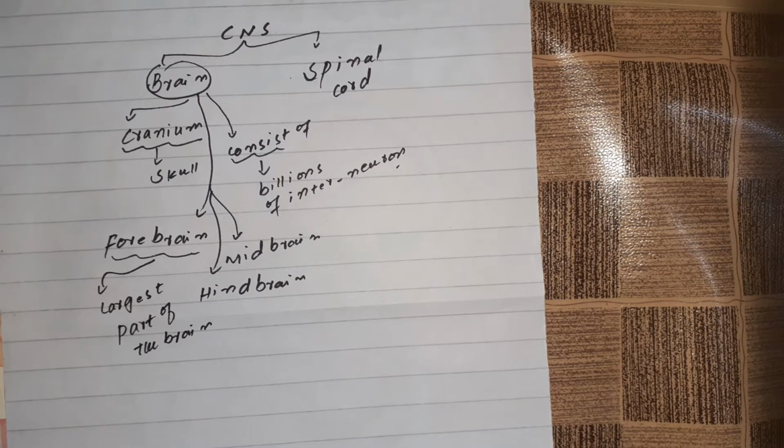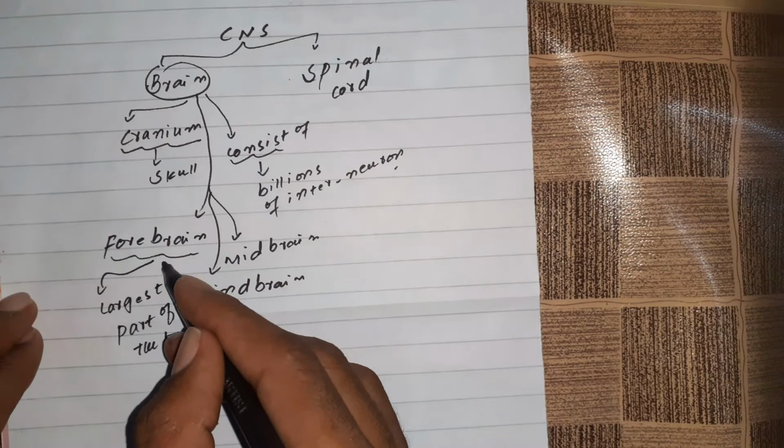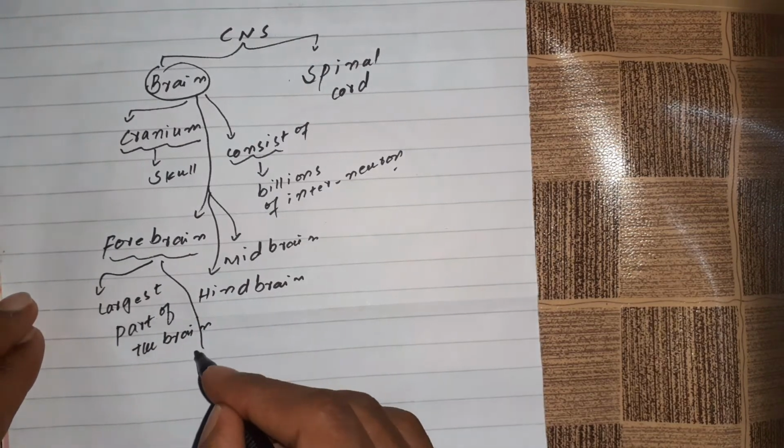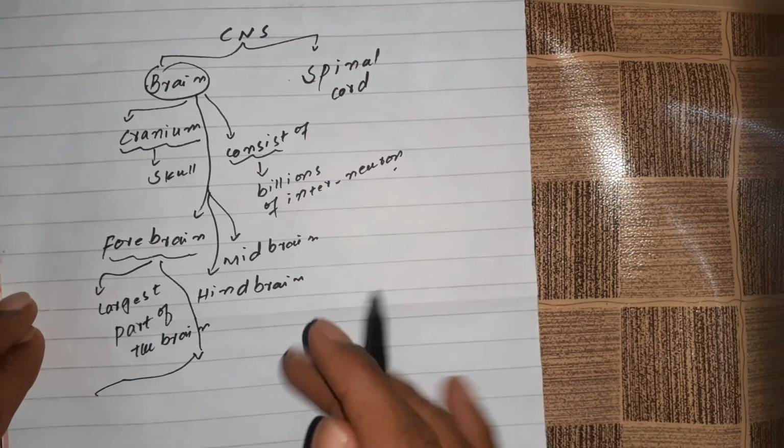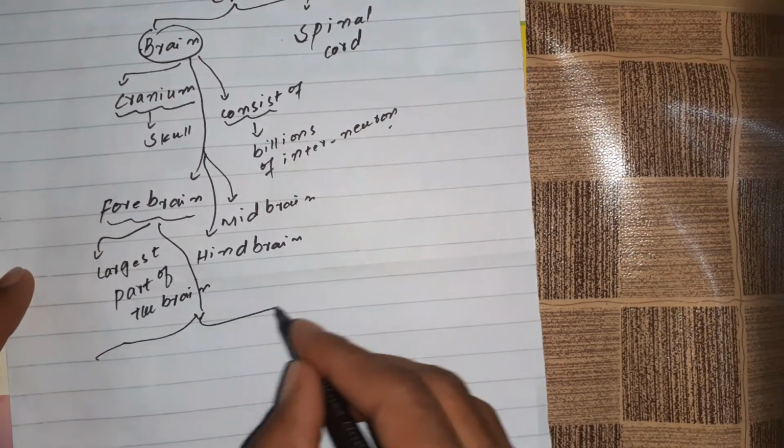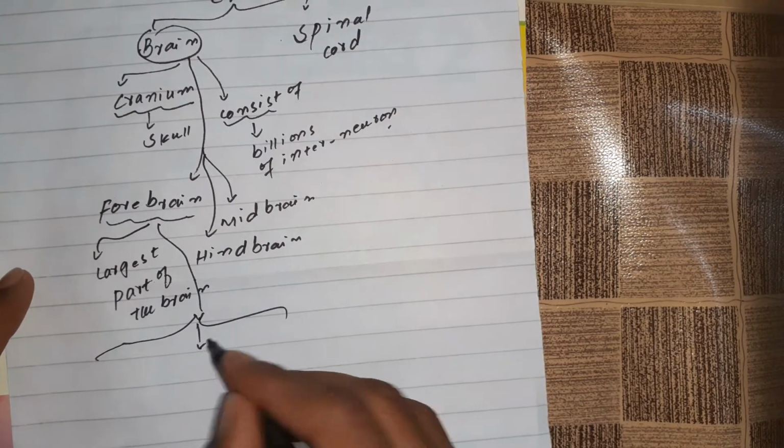It consists of three main parts, and this forebrain is divided into three main parts. Let's look at these three parts.